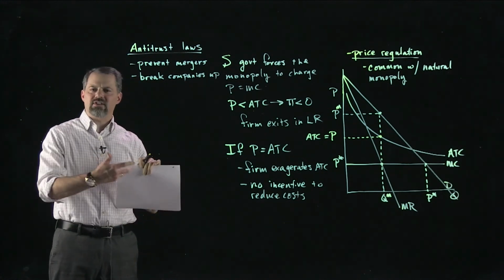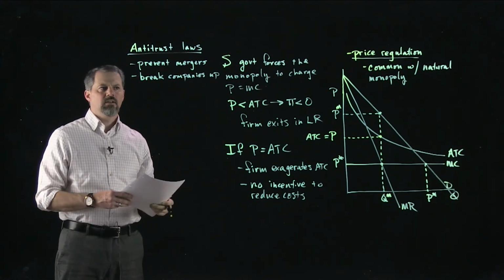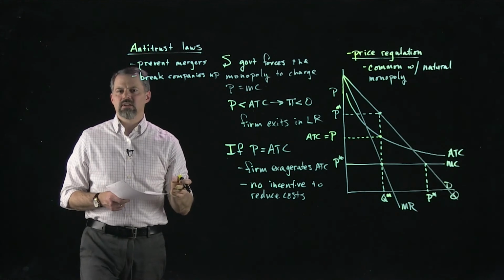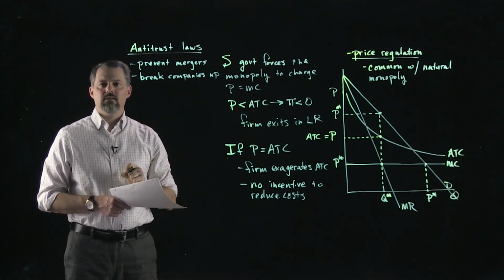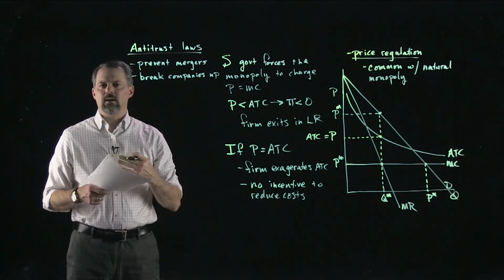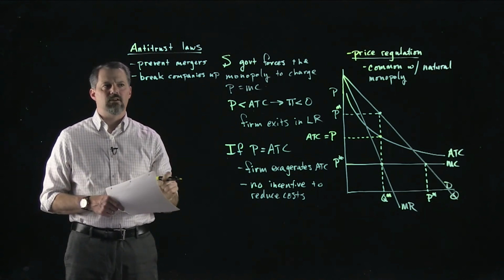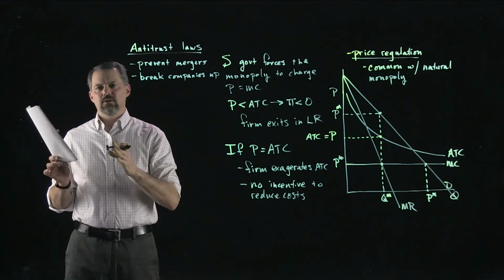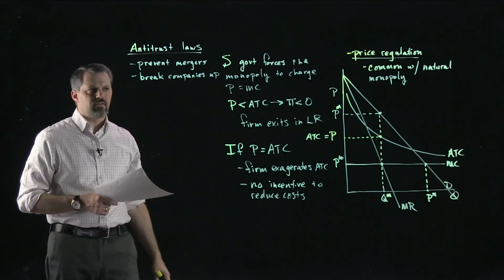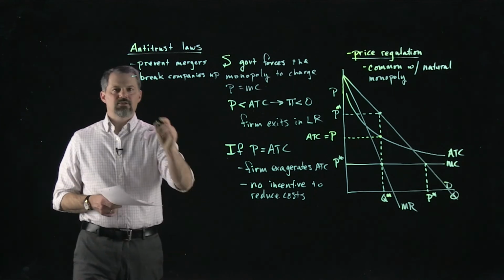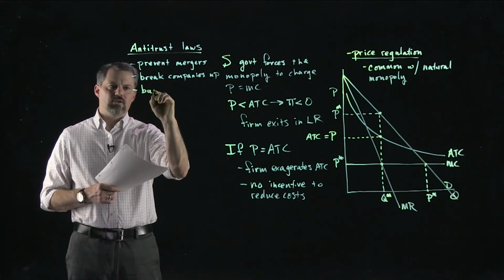It has to argue its case before a federal judge. But if the judge agrees with the Justice Department, then the Justice Department can break the company up. This is what happened to Bell Telephone back when it was broken up into what came to be known as the Baby Bells. There's also clearly a ban on collusion.